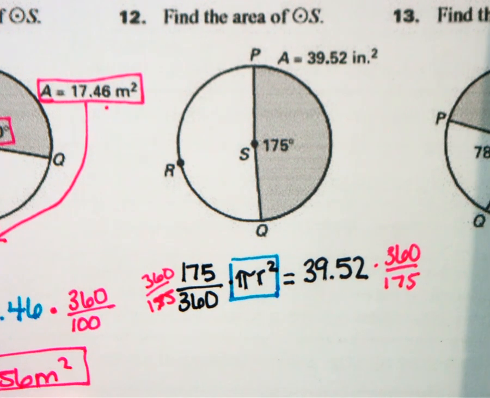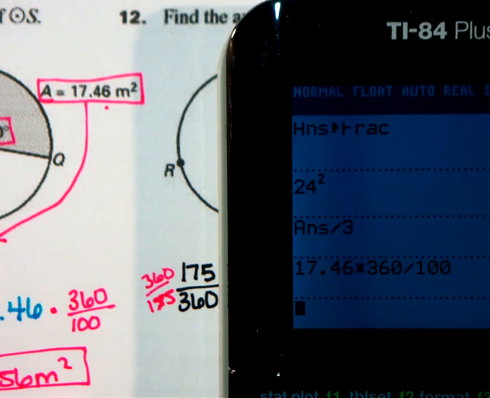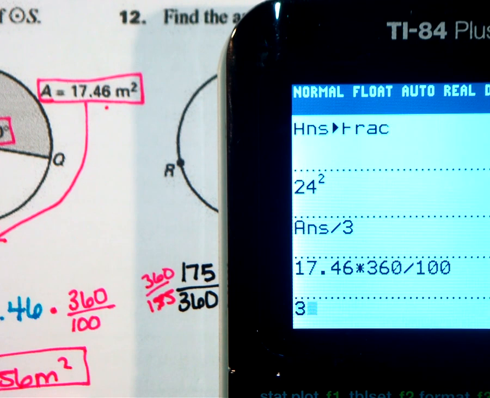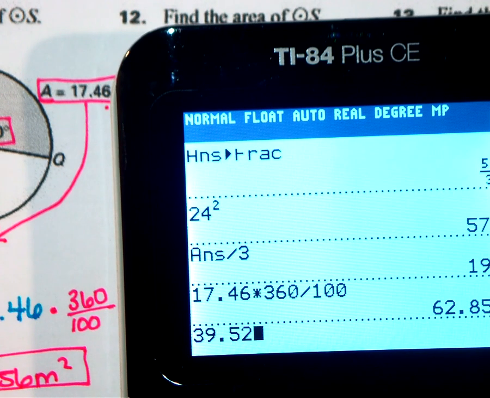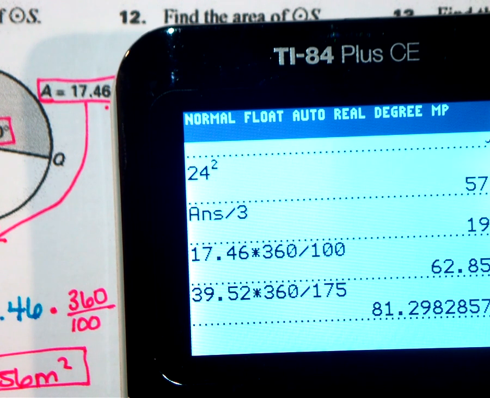Again in the calculator, I'm going to go 39.52, I think it was. Is that right? 52, yep. Times 360, and again, how do I put this in? You're just going to go 360 divided by... that's not right, that was the last one. Sorry, 175.